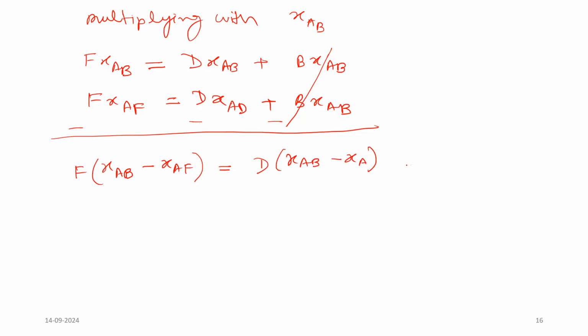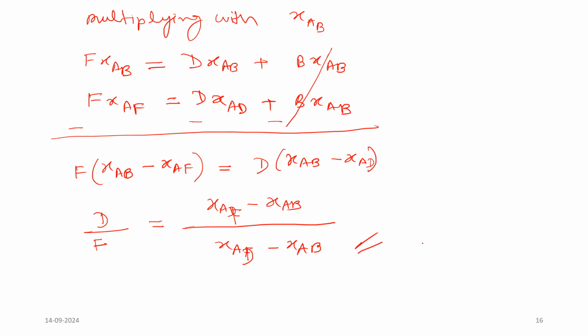From here we can get the ratio of overflow versus the feed, that is D by F equals XAF minus XAB divided by XAD minus XAB.